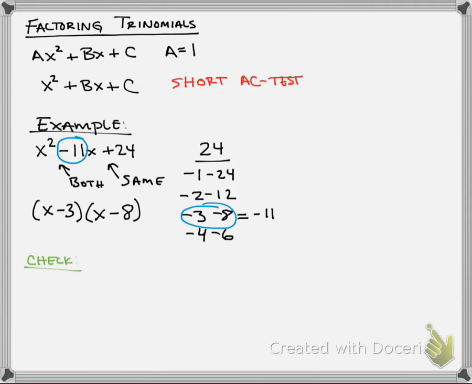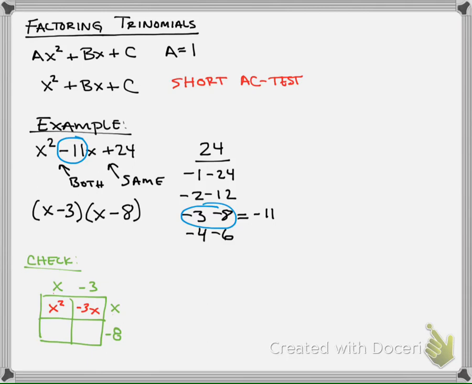In checking it, I'm just going to use one of the many methods we've talked about for multiplying binomials or multiplying polynomials. I'm going to use the box method. That's the one we mostly use here in class. So we have x negative 3, x negative 8. I multiply x times x, and I get x squared. I multiply negative 3 times x, I get negative 3x.